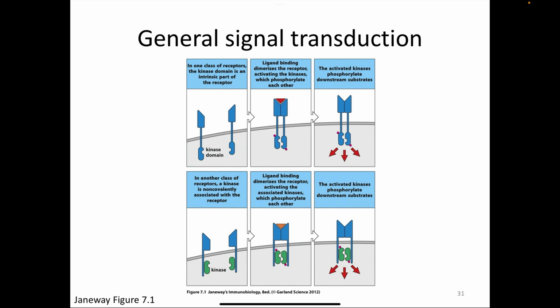Yeah, Dave. It adds phosphates to things. So kinases add phosphates to things. It likes to add phosphates to things. One of the things that kinases most like to add phosphates to are tyrosine amino acids.